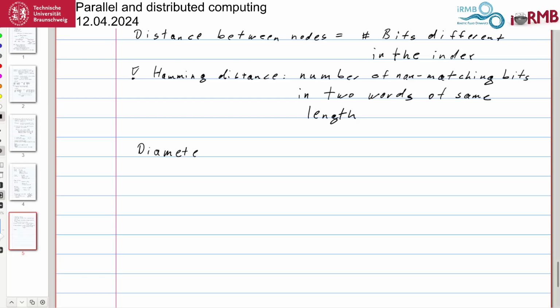The diameter of this is d, which is the same as the base 2 logarithm of n, and the degree of the network is also d, which is again the logarithm to base 2 of the number of nodes. So these were some basic terms on networks. We have only a few minutes left.